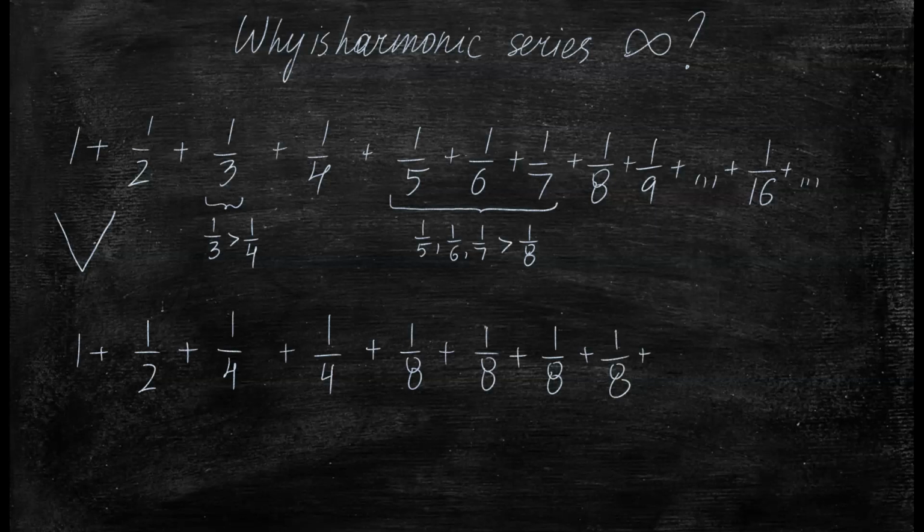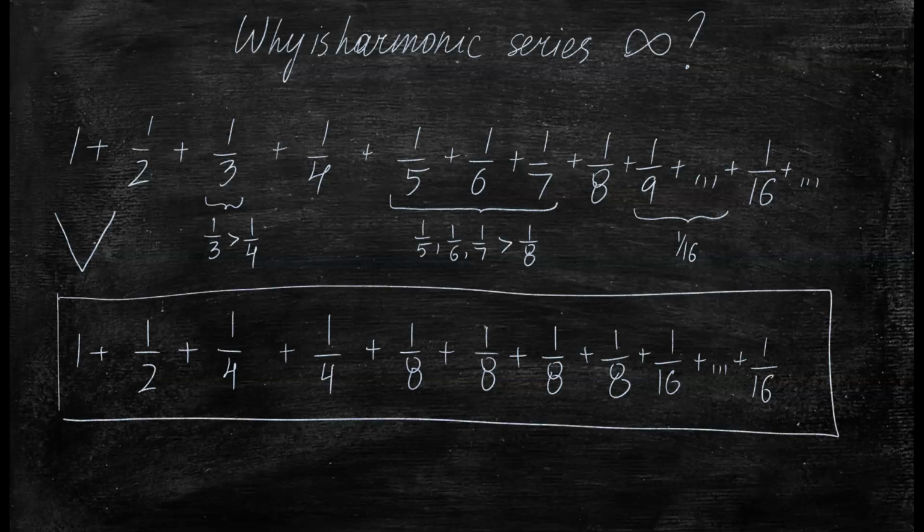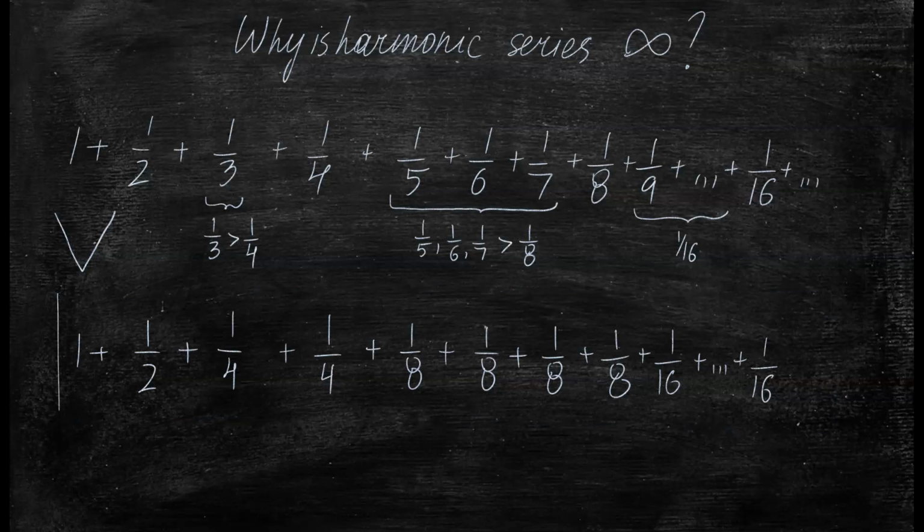Now, if we do the same thing with 1/9 and all the way up to 1/16 and replace them with 1/16, we're going to continue making it even smaller and smaller. So at the end, do you agree that the series that we have below is now smaller than the series that we have above?